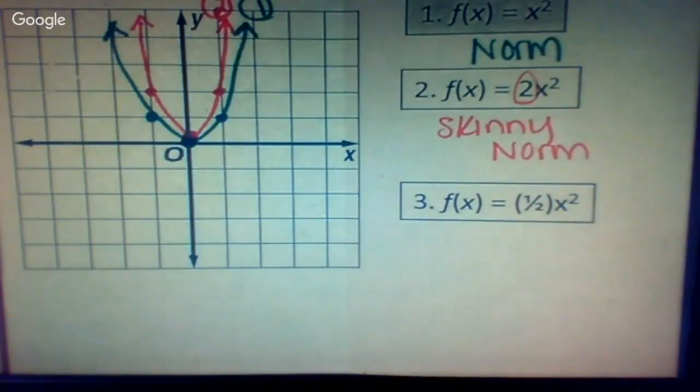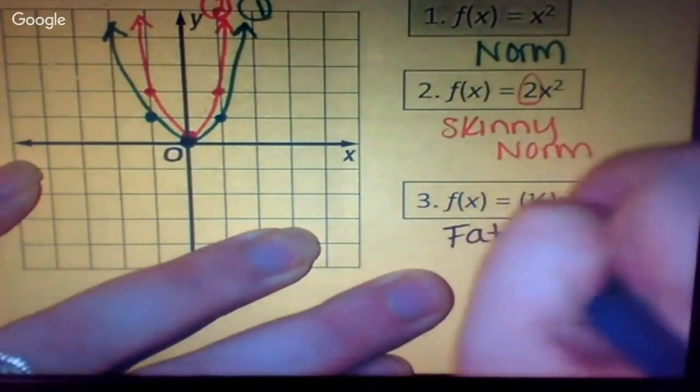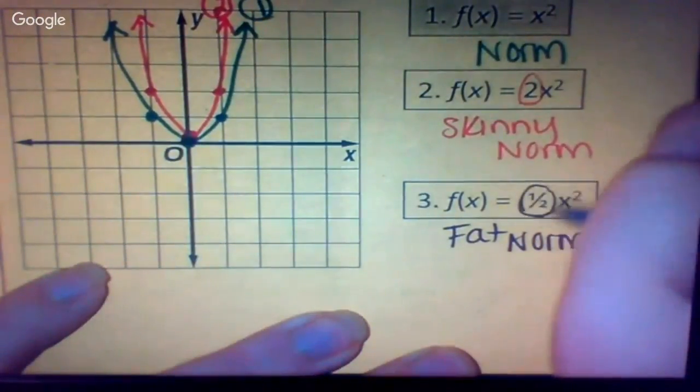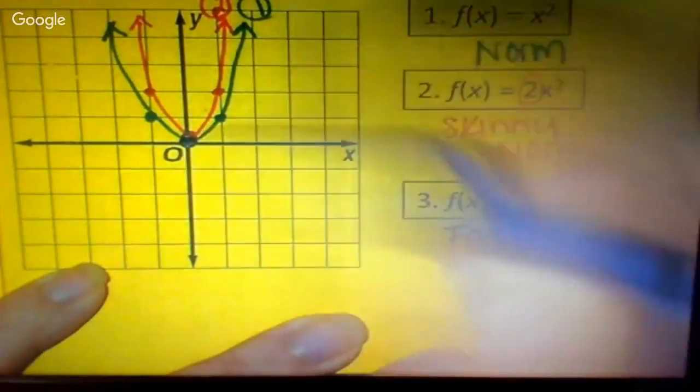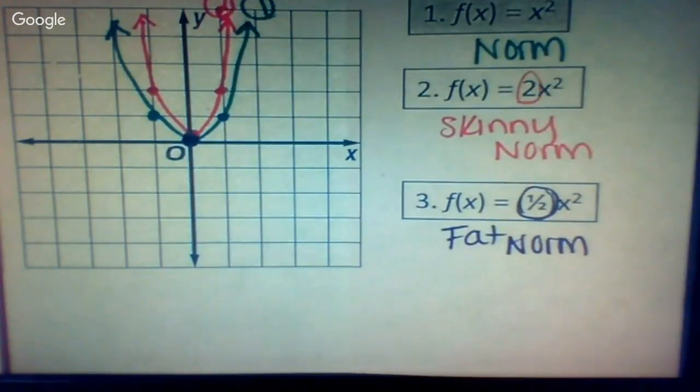And then down here, my last one, I've got 1/2. So my A value is less than 1, so we've got fat norm. This tells me how I'm going to move. Again, I'm starting at this origin. If it was 2, we went up 2 and over 1.